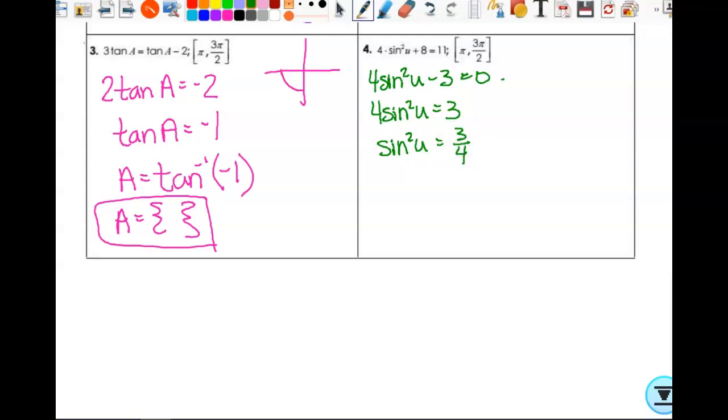Just like any other algebra, to undo the square, we're going to take the square root of both sides. So this is going to give me the sine of u equals the square root of 3/4, which is equal to the square root of 3 over 2.